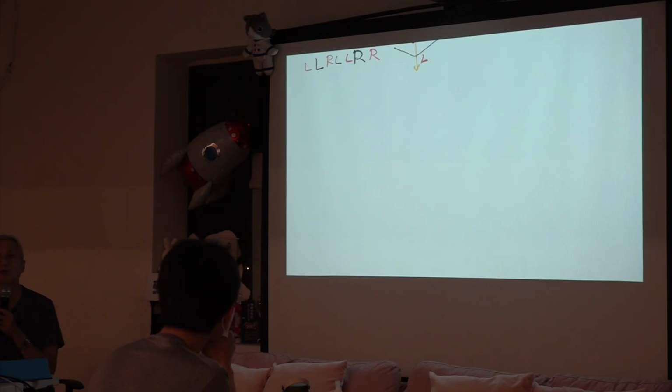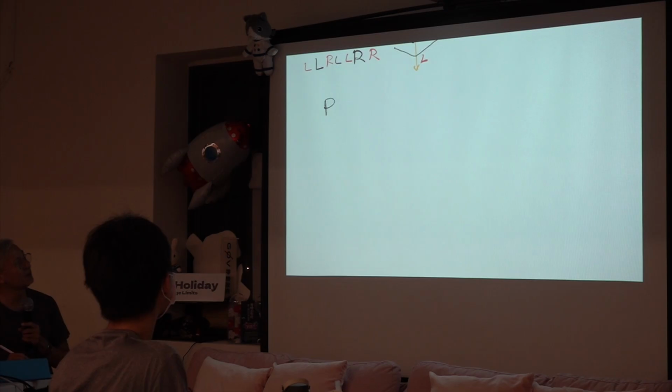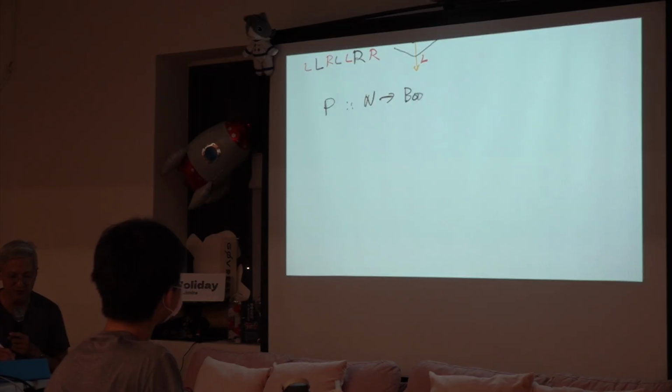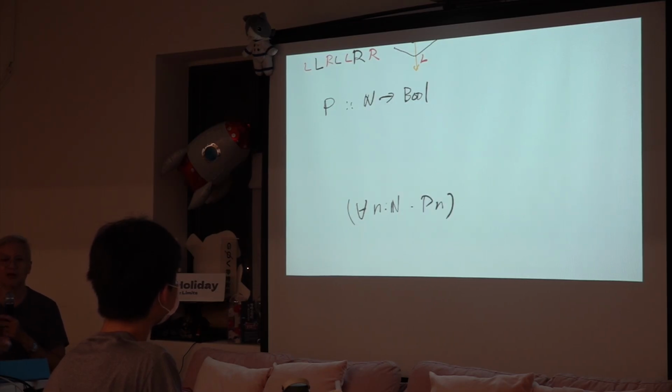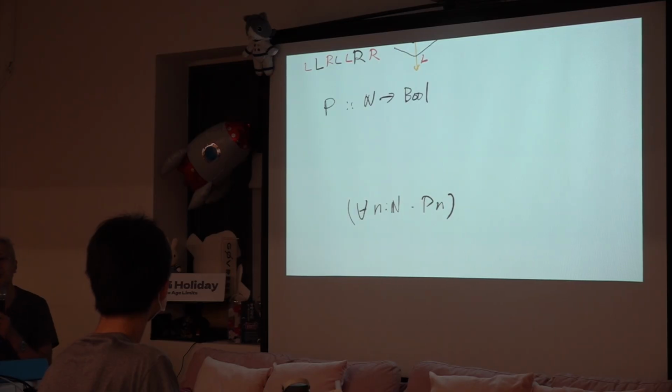Assuming there's some property P, a predicate on natural numbers, and I wish to show that this property holds for all natural numbers. How do I do that? The only way we know for proving such a property is to use mathematical induction. Try to recall that in your mind for 10 seconds.